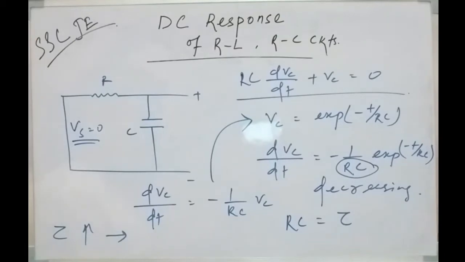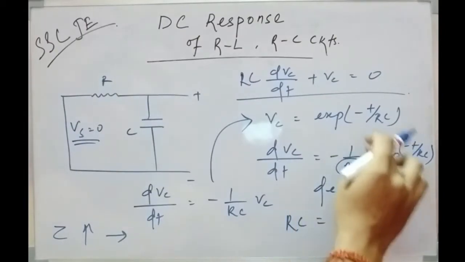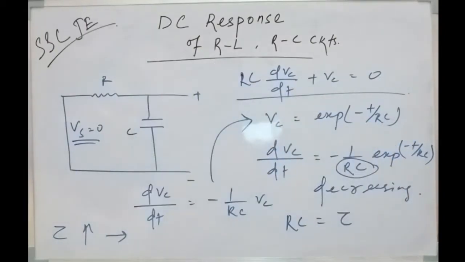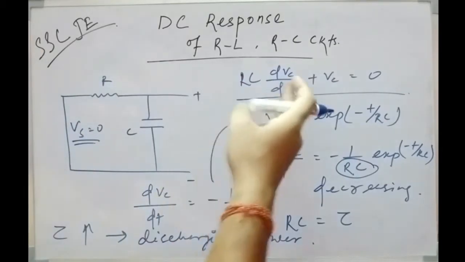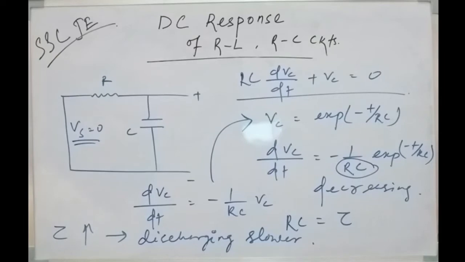That means discharging will be slower. Are you getting this? So this is the case where we took Vs equals 0, and we get a homogeneous equation. Let us go to the next case.